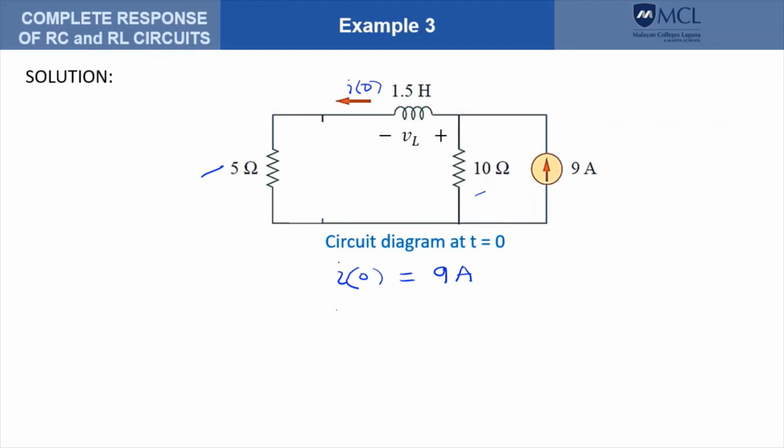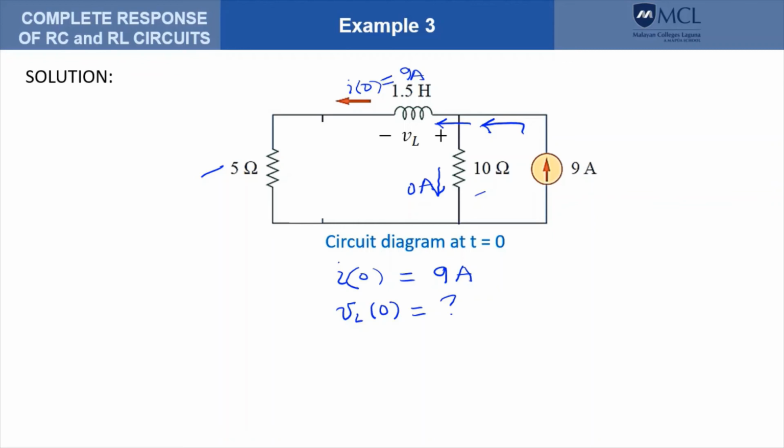For the voltage, however, the same cannot be said. So what is that voltage at t equals 0? Now we know this is equal to 9 amperes. So this 9 amperes source simply flows directly there, and therefore we can say that the current through the 10 ohms is 0 amperes.